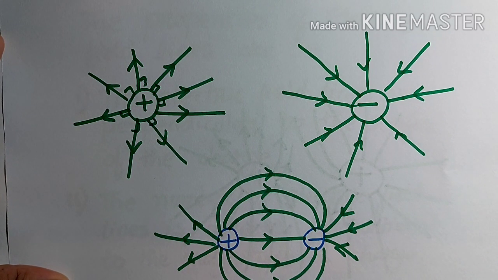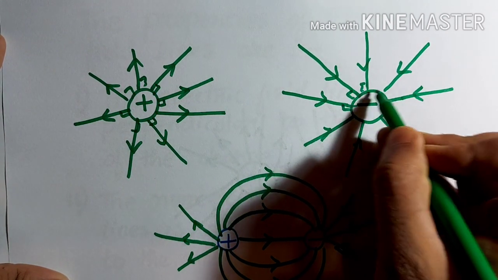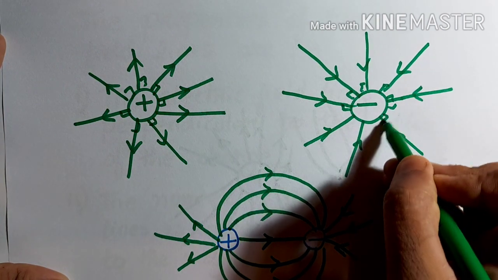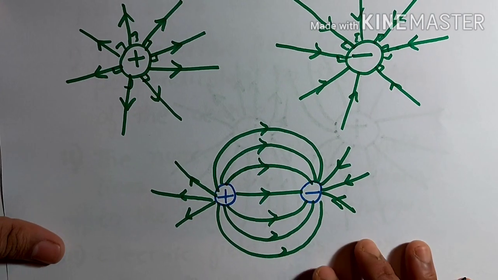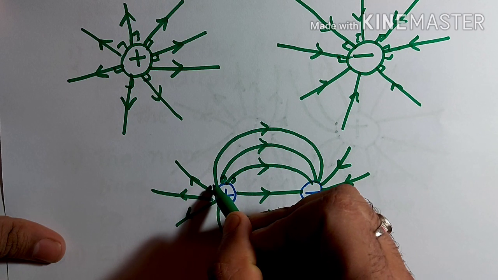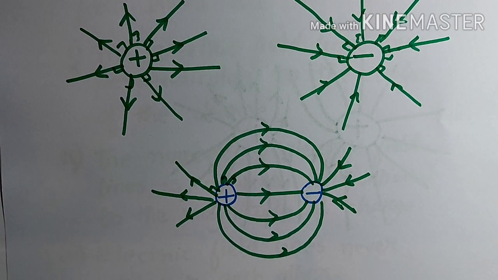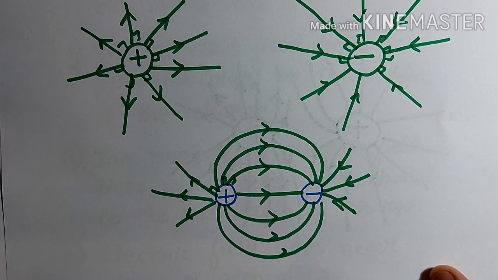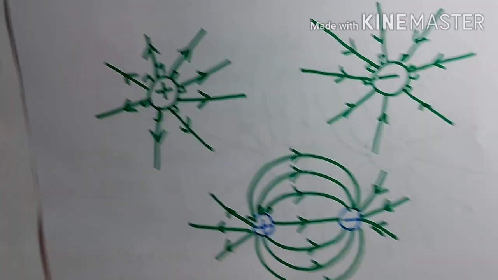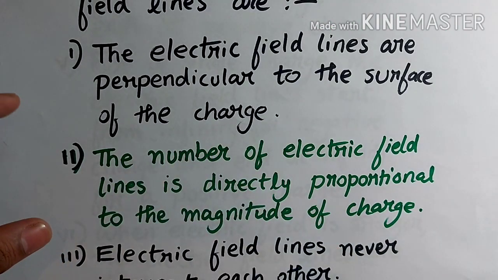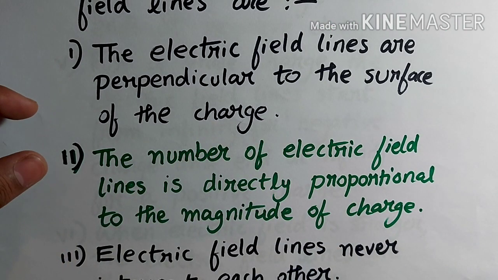This is also true for a negative charge and also for a dipole. Whenever an electric field line comes out of a charge, it is always perpendicular to the surface of charge. That is the first point. Electric field lines are perpendicular to the surface of charge.